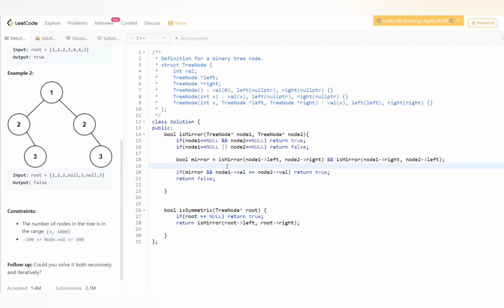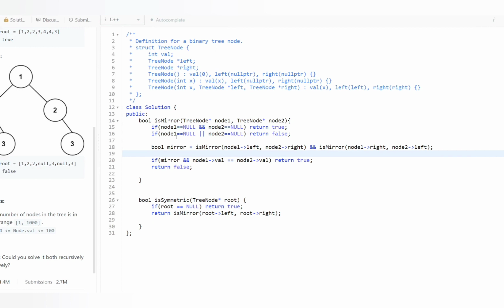So these are the base cases, right? We are passing two nodes, node 1 and node 2, representing the roots of two trees. This is our base case 1: if both of them are null, that means they are mirrored to each other, so it will return true.